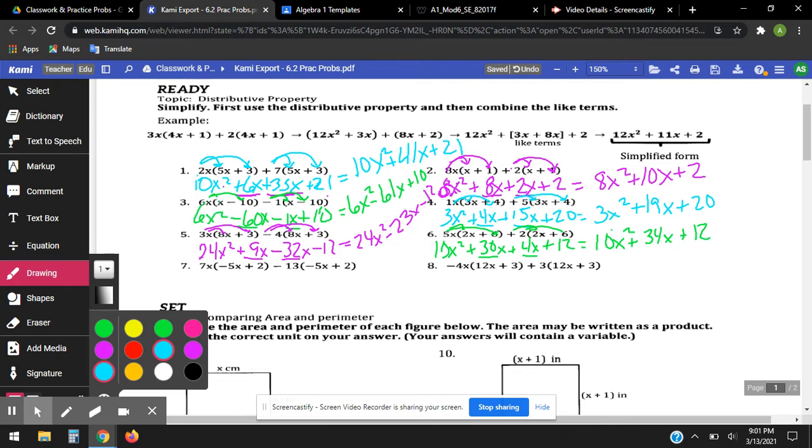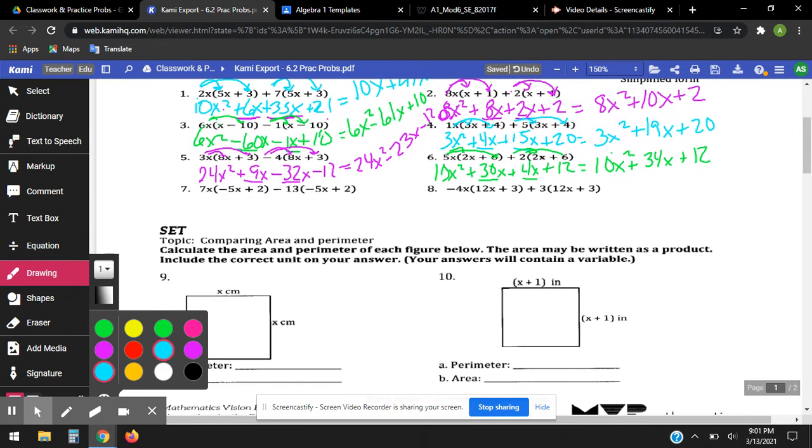Next one, scroll down just a tad here. All right, negative 35x squared plus 14x plus 13 times 5 would be 65x minus 36.